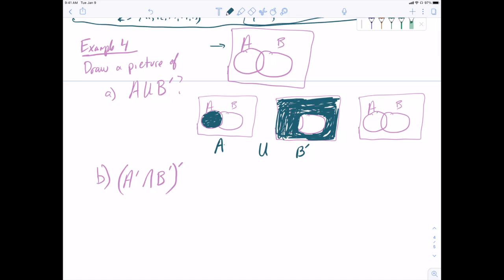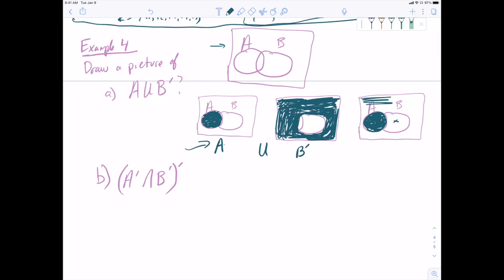So we want everything that's in both pictures. So union means everything over here. So all of this would be included. And now B prime is everything here. So, well, what's not included in either picture? Well, this thing here is not included in either picture.